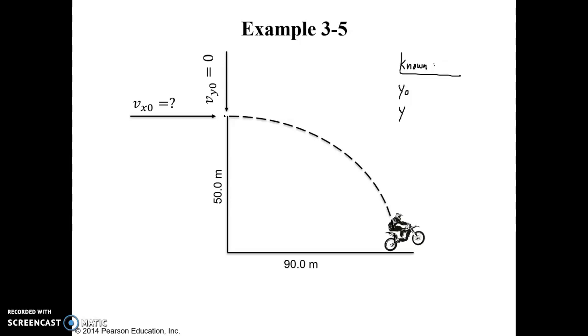We could set this up to be 50 and the final to be 0, or we could set the initial position to be 0 and the final to be negative 50. Either way, it'll work out as long as we stay true to our rules that we set up in the beginning. I prefer to avoid dealing with negatives, so I'm going to say the initial position is 50 meters up, and the final position is at 0.